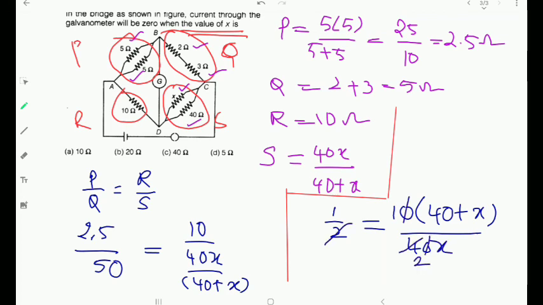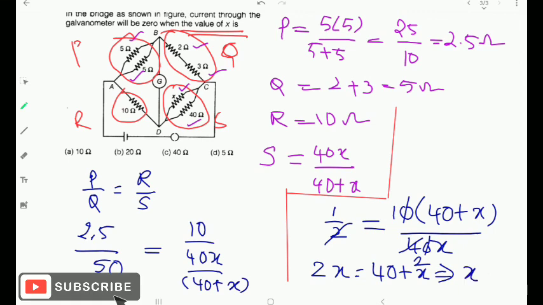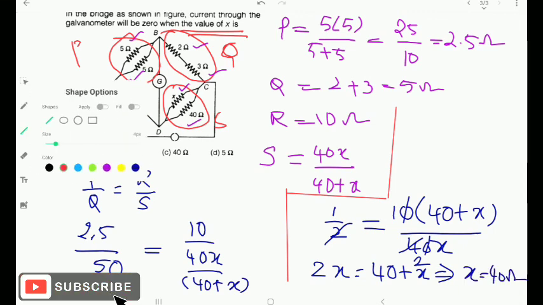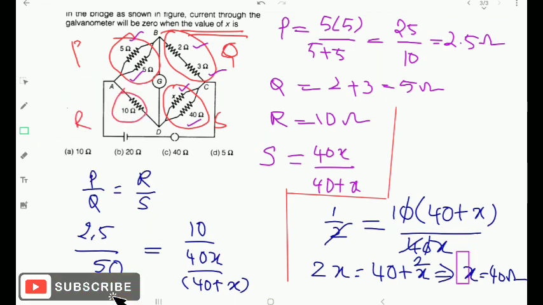That is 2X equal to 40 plus X. Then solving for X, bring this side: 2X minus X equals X. So the value of X, the unknown resistance, becomes 40 ohms. So this is the value of X, the unknown resistance, in the given question. This is how the question will appear in entrance examinations.